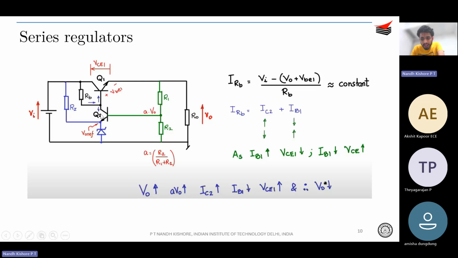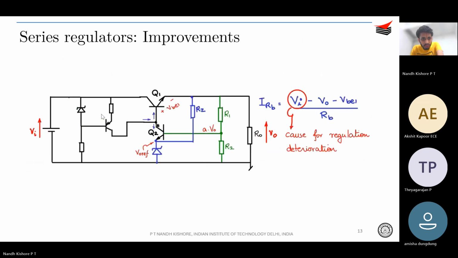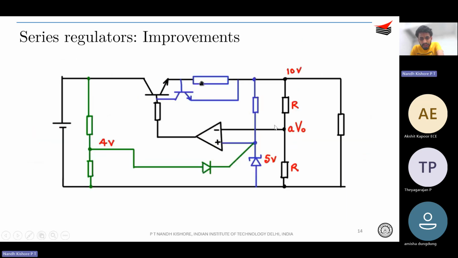So what people have done is replace Q2 with an op amp. You see over here, A V0, the actual voltage, is going to the negative terminal, and the reference 5 volt or the Zener voltage VZ is going to the positive terminal. Based on the difference between them, there is a base current that is injected to Q1. Simple, right? The idea is you wanted to take a difference between the actual voltage and the reference voltage.